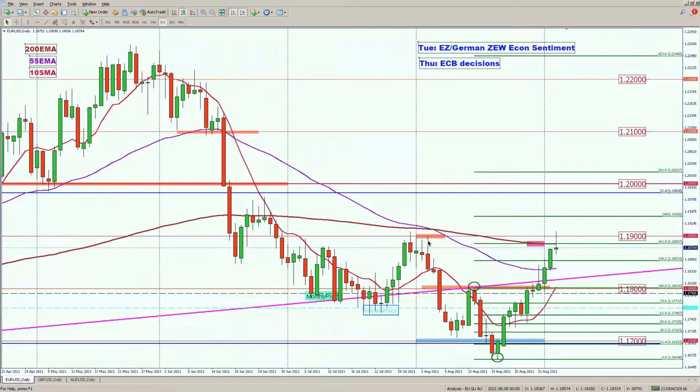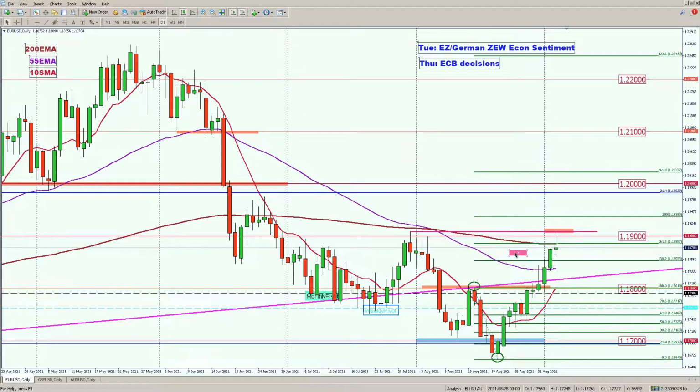It went through the 119, but basically tested this high, which was this high from the end of July at 119.086. This high is at 119.09, so within 0.4 pips. So that's the resistance that it has hit.